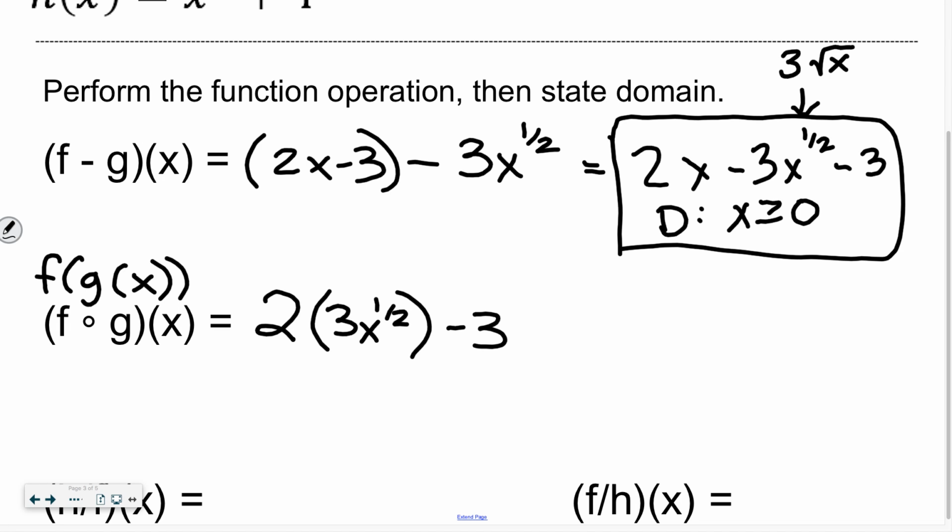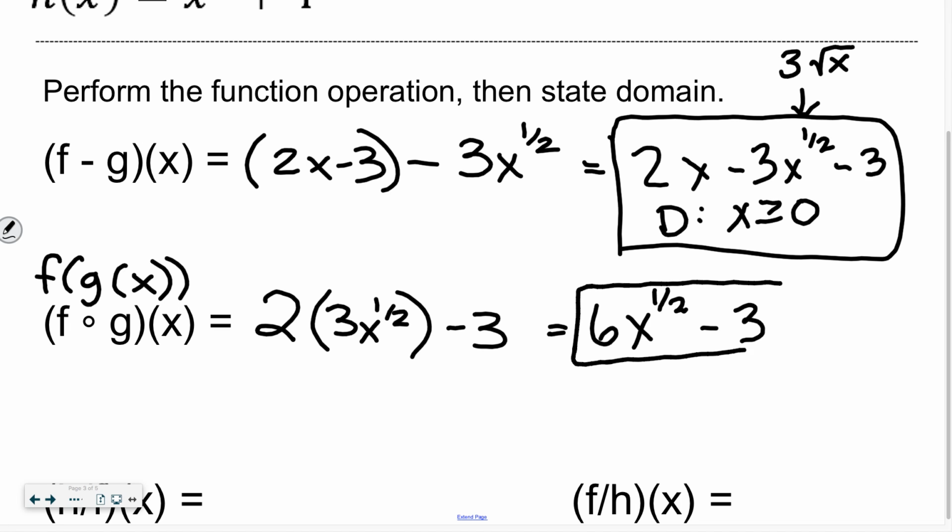You can multiply to simplify, and you should. If you can simplify at all, you should do the little simplifying pieces. So 2 times 3 is 6, and I'll get 6x to the 1/2 minus 3. That's my new function.